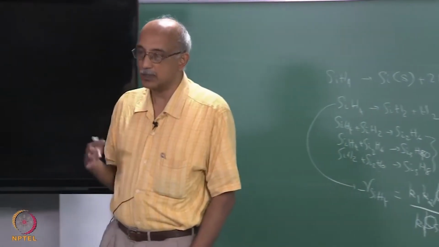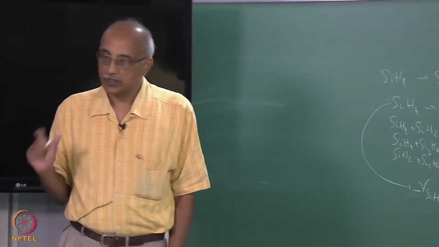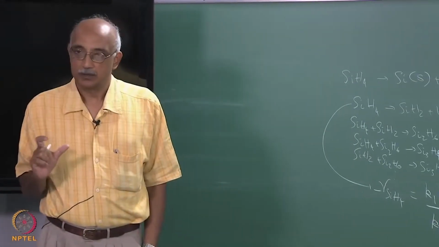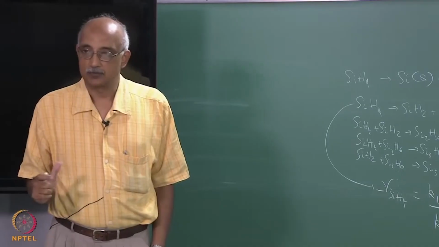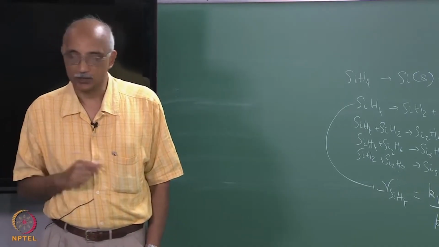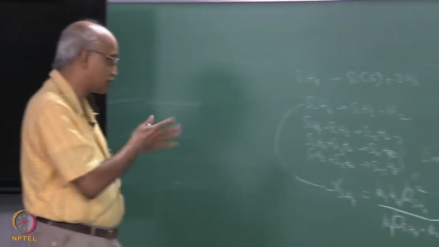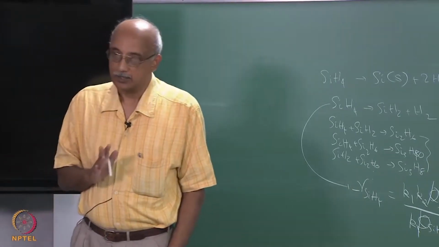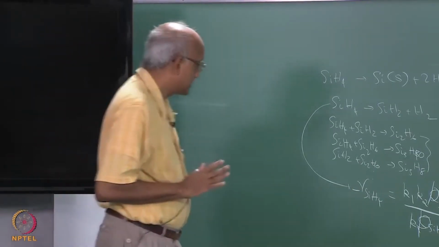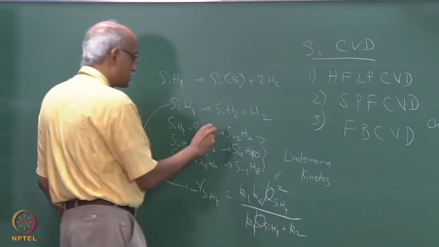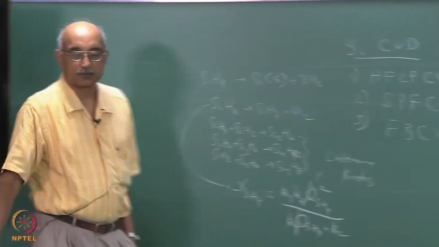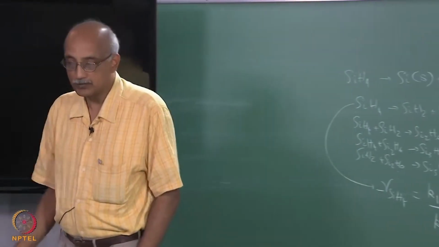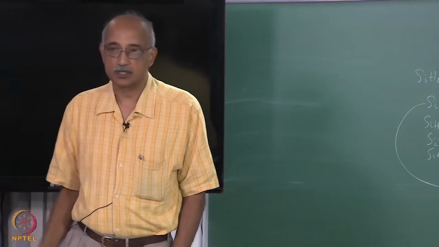So, in a typical Lindemann kinetics, depending on the value of the prevailing pressure, the reaction can run either as a first order reaction or as a second order reaction. So, this is the most conventionally accepted kinetic model. Now, the problem is there are models like this for each of these reactions, which have been developed over a long period of time using extensive studies.